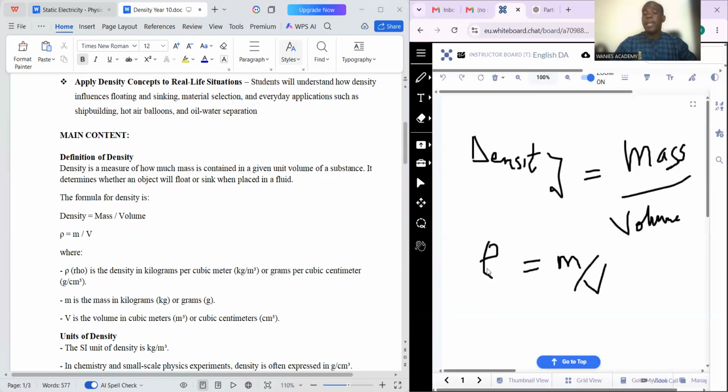Here rho is the density, in kilogram per cubic meter.